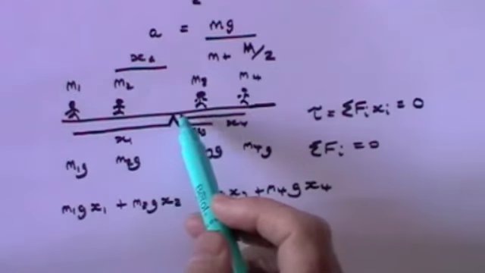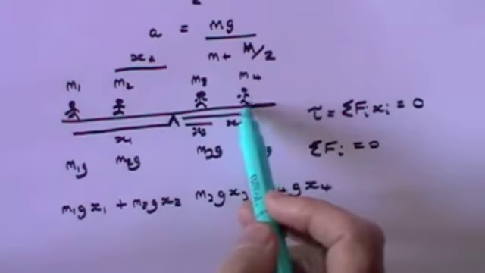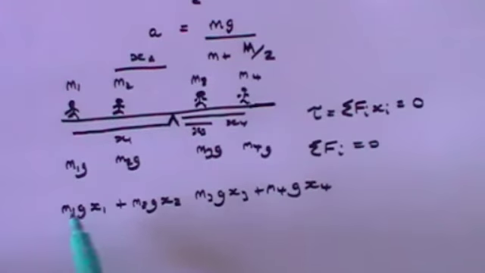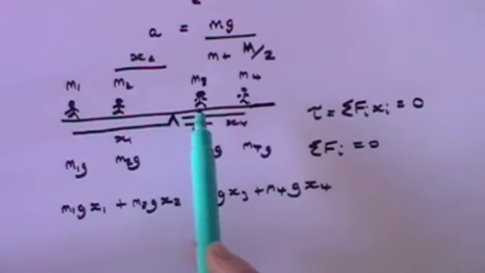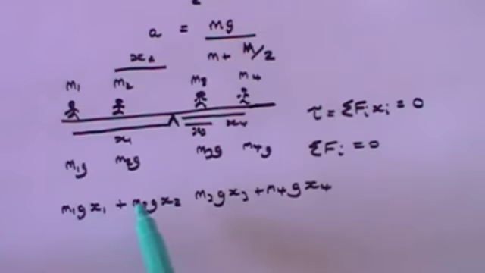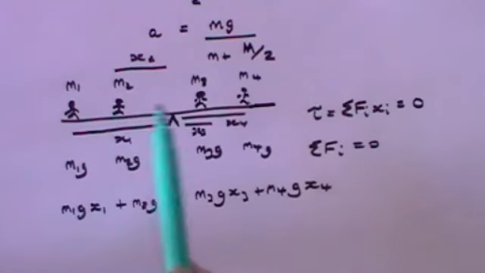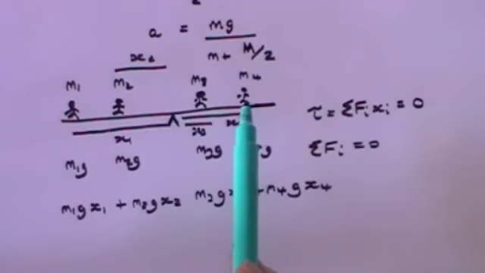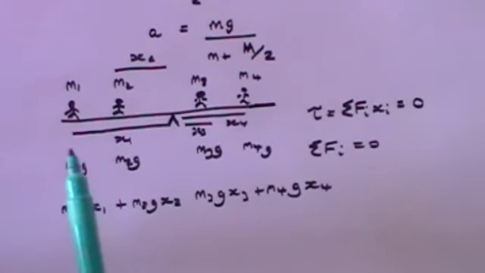And that's the formula that dictates where these people have to stand depending on their weight. Typically you'll be given certain masses, maybe you'll be told where 3 of them are standing, and you'll be asked where the 4th has to stand in order for the seesaw to balance, and you'll need that formula to do that.